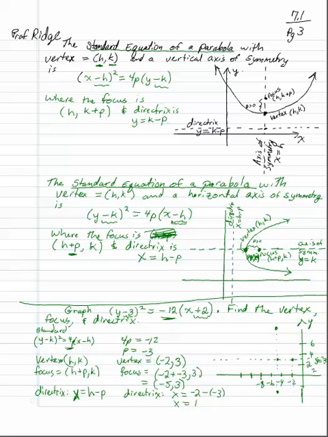That's x equals 1. And then I'm going to make my parabola. Alright, so let's try another one.